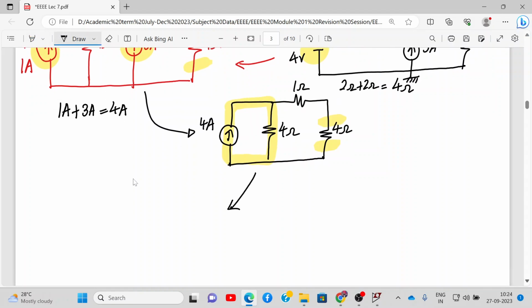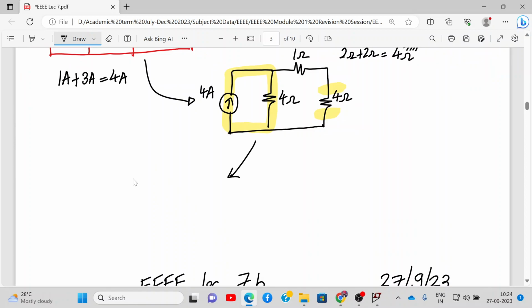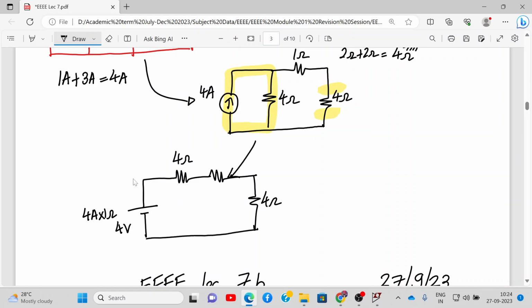So this gets converted into a voltage source in series with a 4 ohm resistance, and then we have the 1 ohm and 4 ohm resistances.